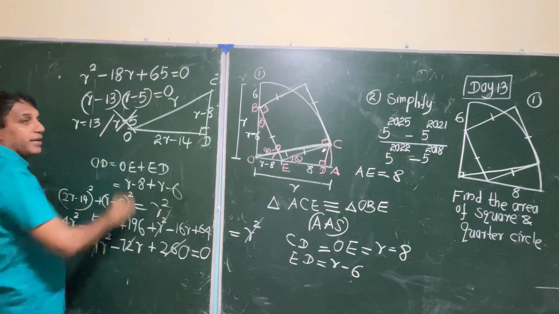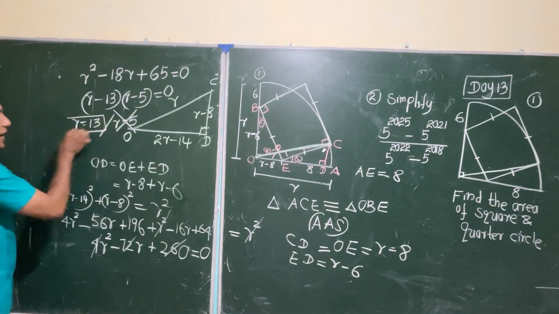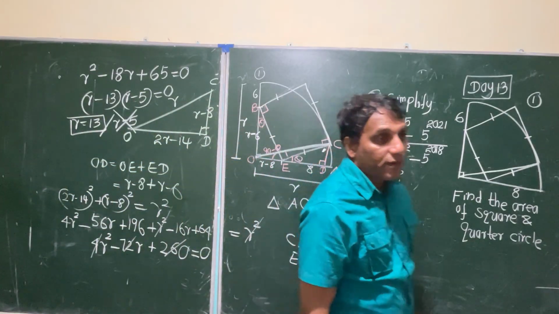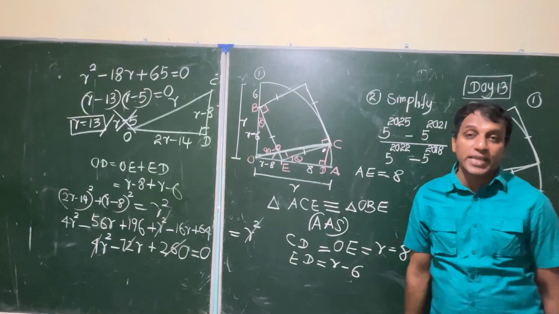So you can't take R equals 5. Therefore, the radius of the quarter circle is 13.